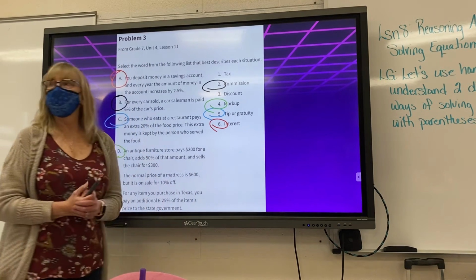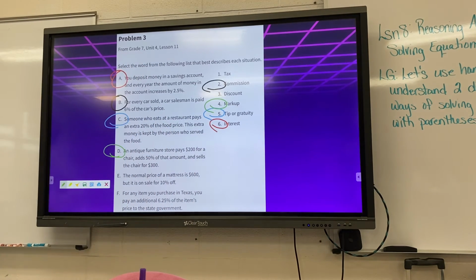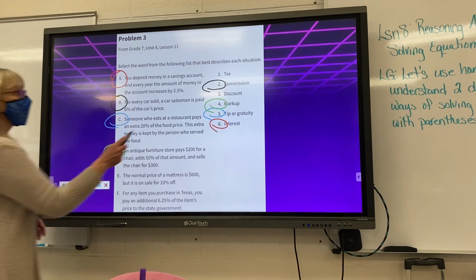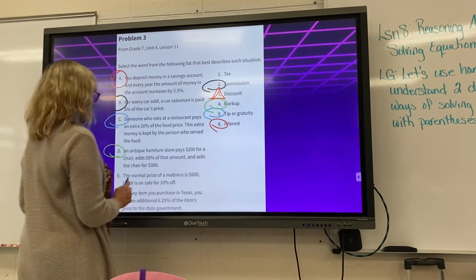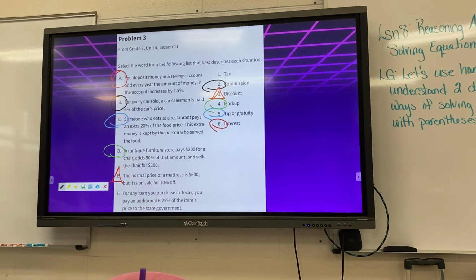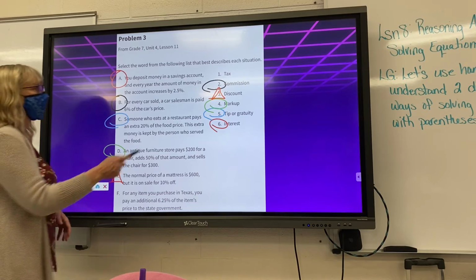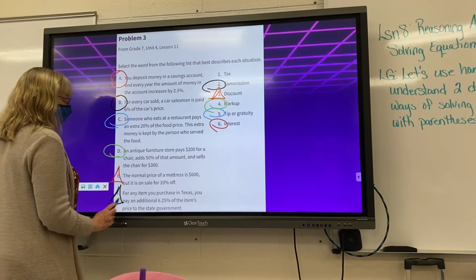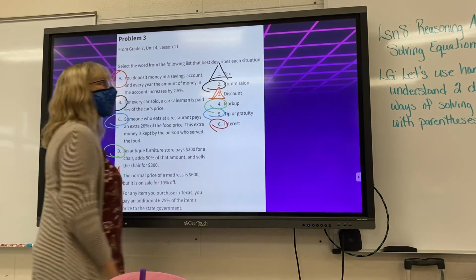That's their profit, right? The normal price of a mattress is $600, but it's on sale for 10% off. Discount. So obviously the last one's tax. For any item you purchase in Texas, you pay an additional 6 2/2500% of the item's price to the government, and that would be tax.